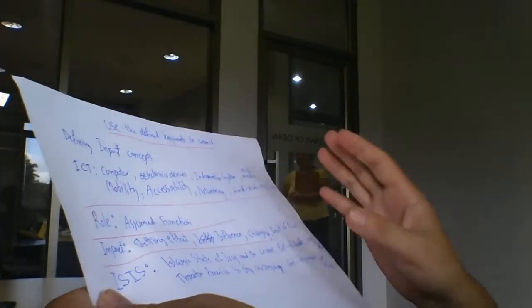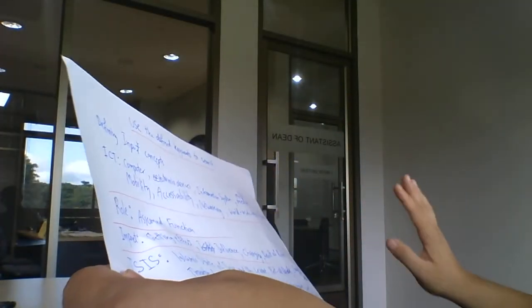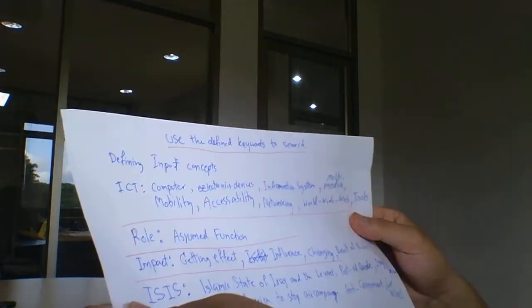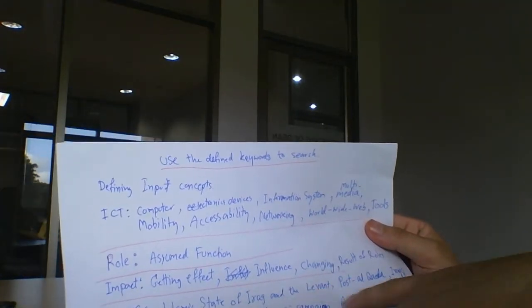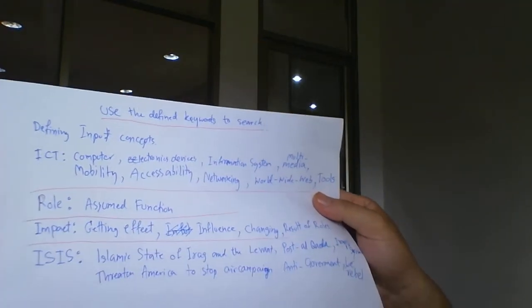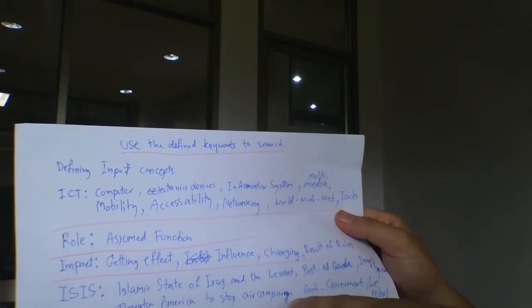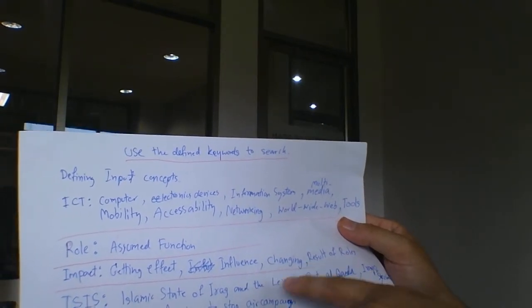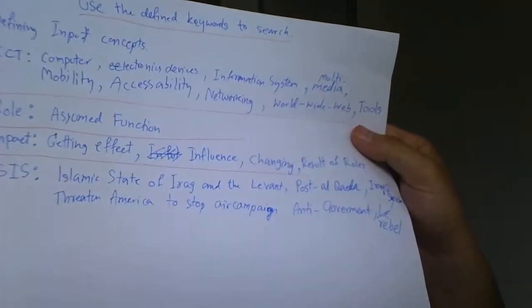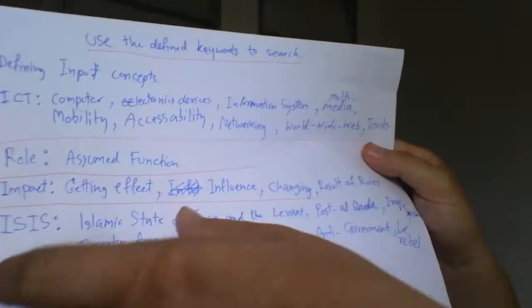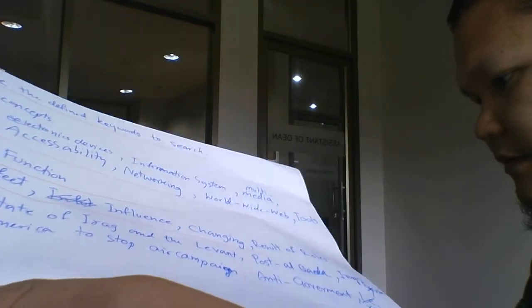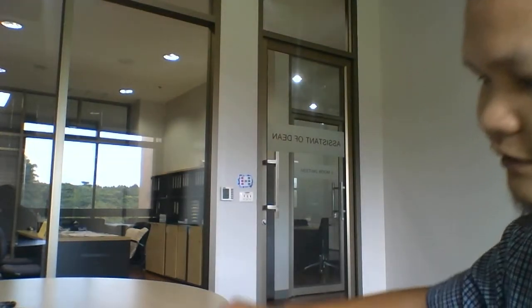So this is the way that we understand this input concept. Later I will scan this and give it to you as a PDF. So these are the input concepts that you have searched.